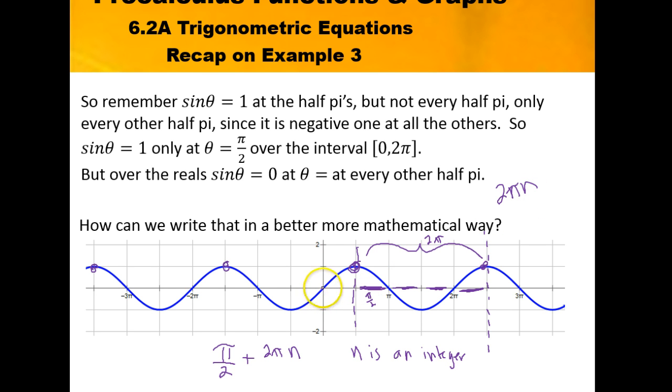Well, it's not 1 at 0. It's not 1 until pi over 2. So we have to start with one of them, and then we can say plus 2 pi n. Typically, we start with the first positive time that it equals 1, which in this case is pi over 2, and then we add the 2 pi n.